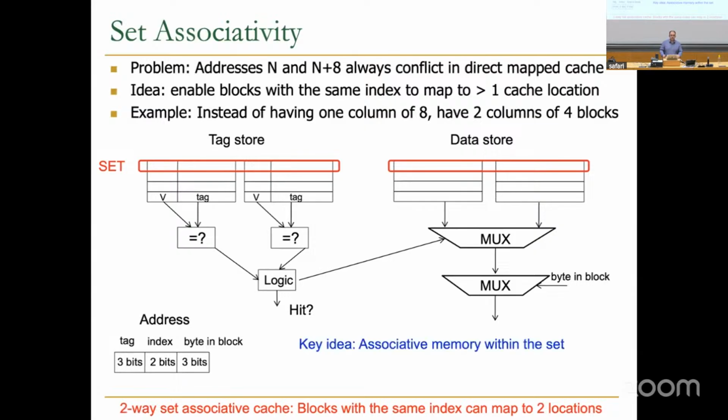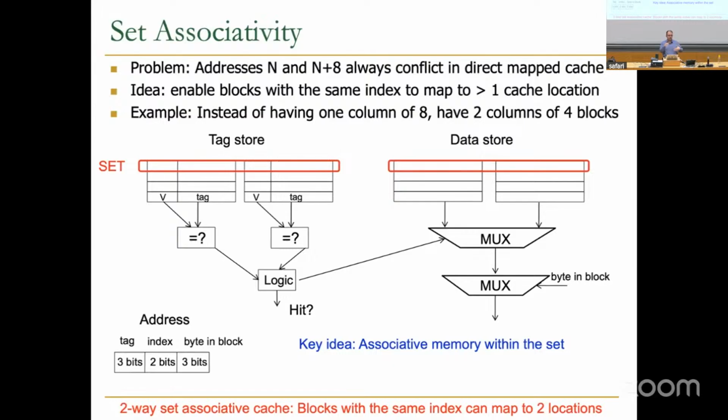You can see that this complicates the design, and you're adding more hardware. But this can help heavily in order to reduce conflict misses. The key idea here is also similar to associative memory within the set. I think you should remember from our out-of-order processor design, we were talking about content addressable memory for implementing a reorder buffer, for example. Content addressable memory is essentially memory where you put the content and the address at the same time.